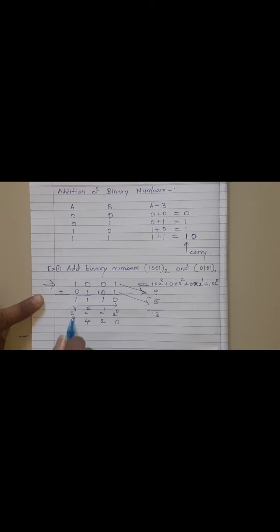What is the addition of these numbers? 8 plus 4, 12. 12 plus 2, 14. Sorry, 9 plus 5, 14. This number is 14. So our addition of these two numbers is 14, which means this addition is perfect.